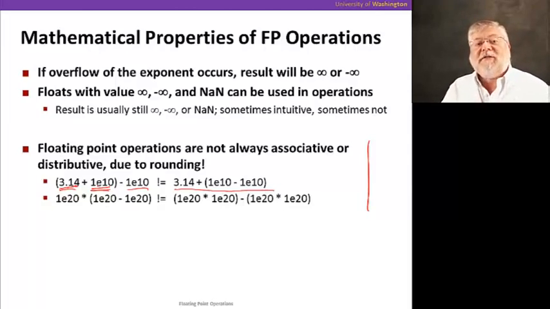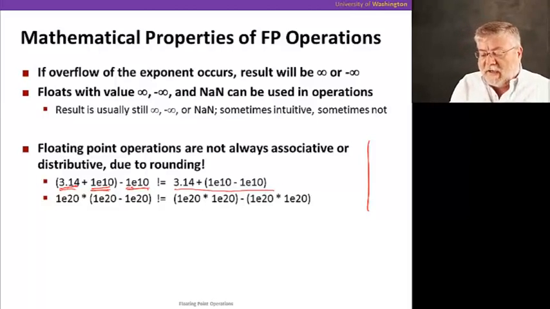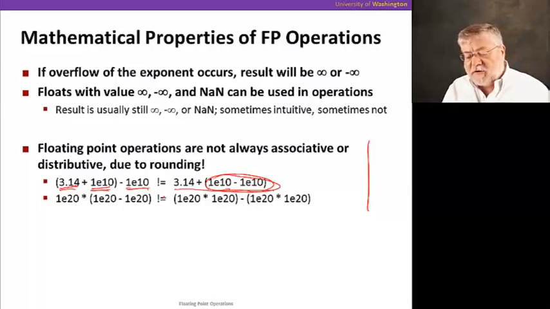And adding on a 3.14 in this case just doesn't register in the 23 bits we have available. So that when we go and subtract that large number again, we're going to just get 0. While in this case, we do this operation first in the parentheses, that yields a 0. But then when we add that to 3.14, we're left with 3.14. So the results are not equal on the two sides here.